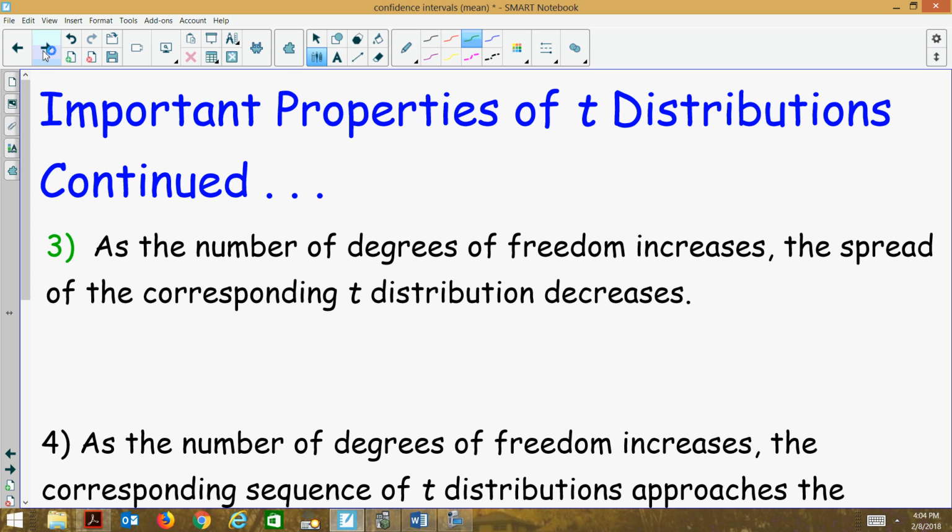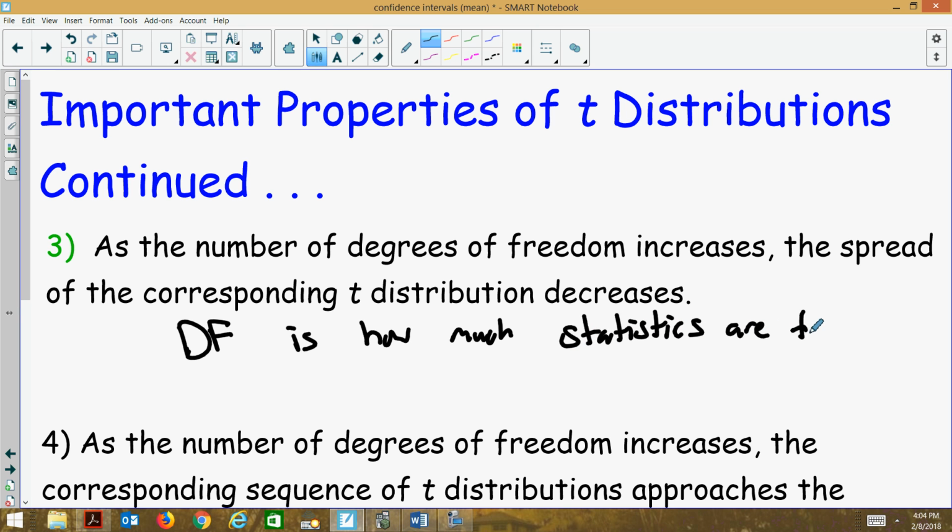Continuing with the properties of the t distributions, as the number of degrees of freedom increases, the spread of the corresponding t distribution decreases. First, the degrees of freedom is how much statistics are free to vary. Because statistics vary from sample to sample, we need to account for that now that we truly don't know much about the population.